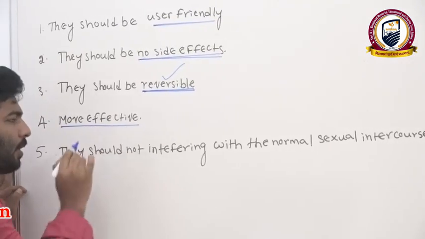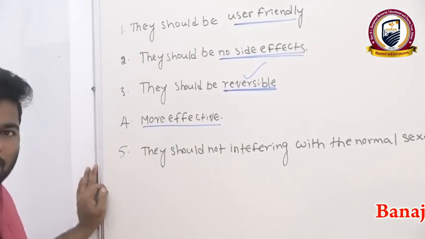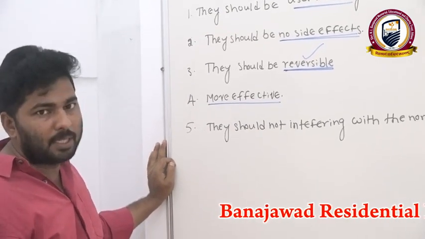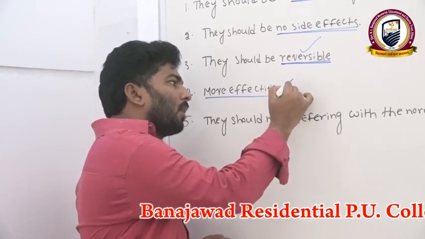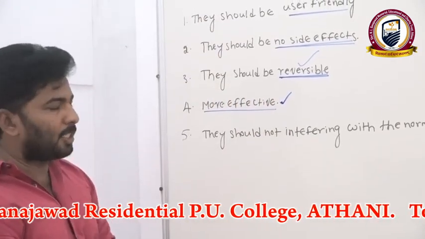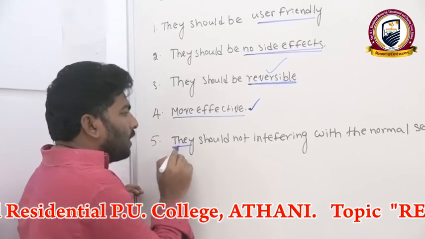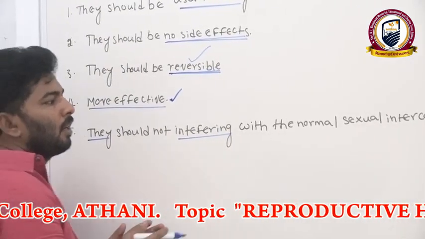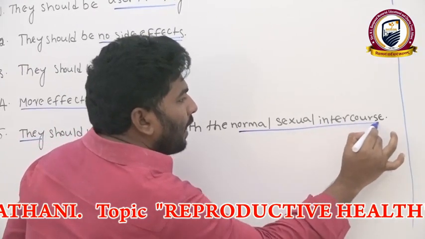They should also be more effective compared to other methods. That is one of the important characteristics of ideal contraceptives. Lastly, they should not interfere with normal sexual intercourse.